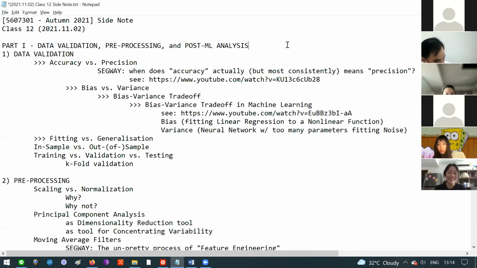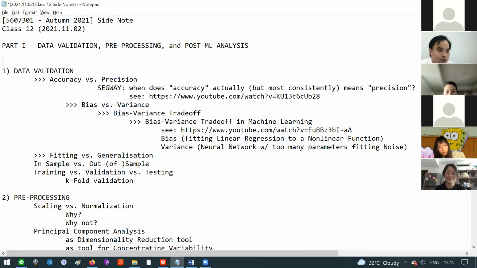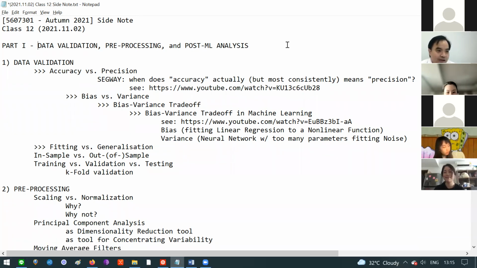But from the previous discussion, we talked about how important certain variables are. This thing about testing, I thought maybe I should properly spend a good hour or two on it. So these are the 3 things that I want to discuss.